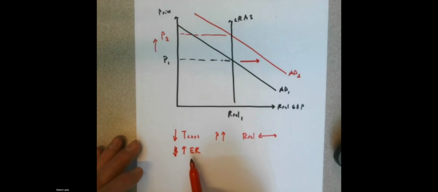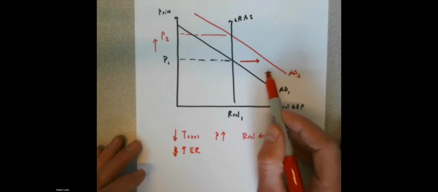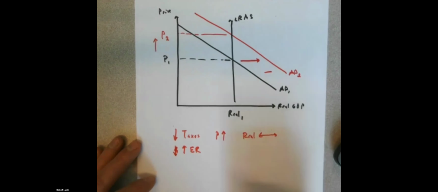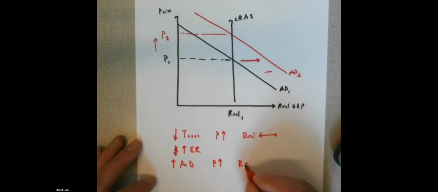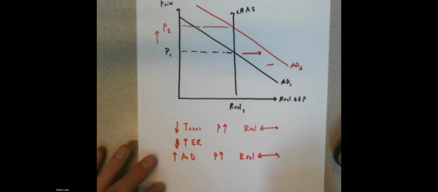So this is still going to cause an increase in aggregate demand, similar to what we had before, which we know is going to drive prices up, but not cause any changes in long run real GDP.